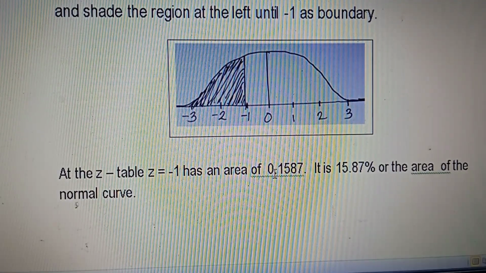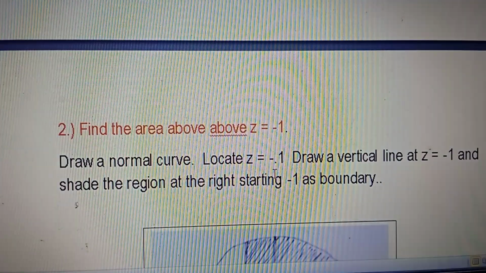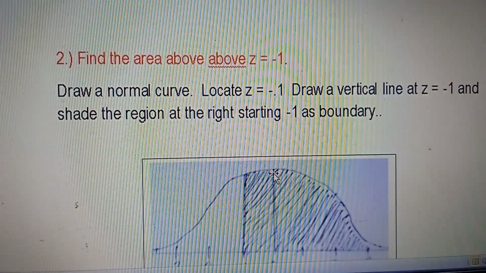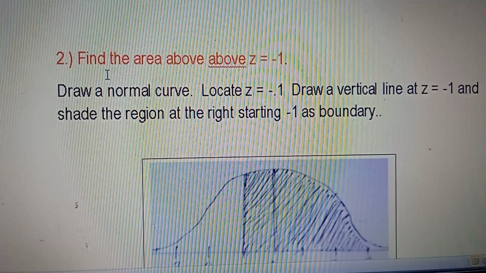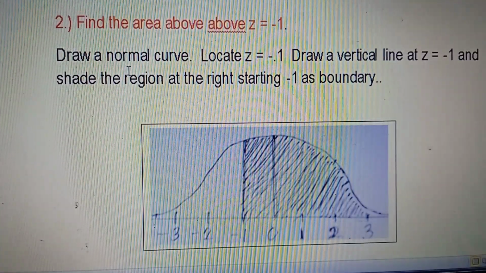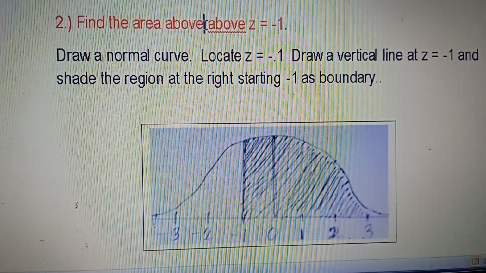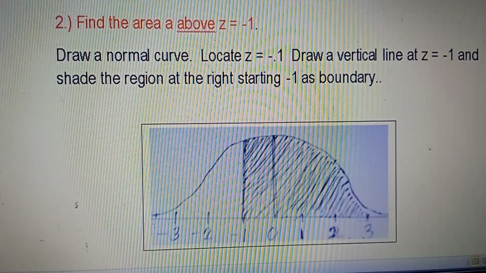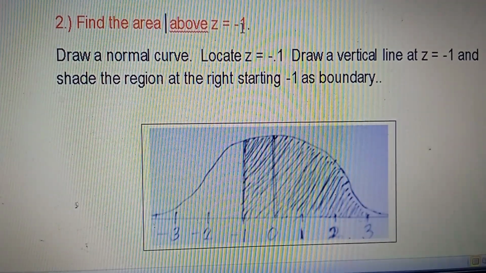So that is how to get it. Another example, example number 2: find the area above z equals negative 1.